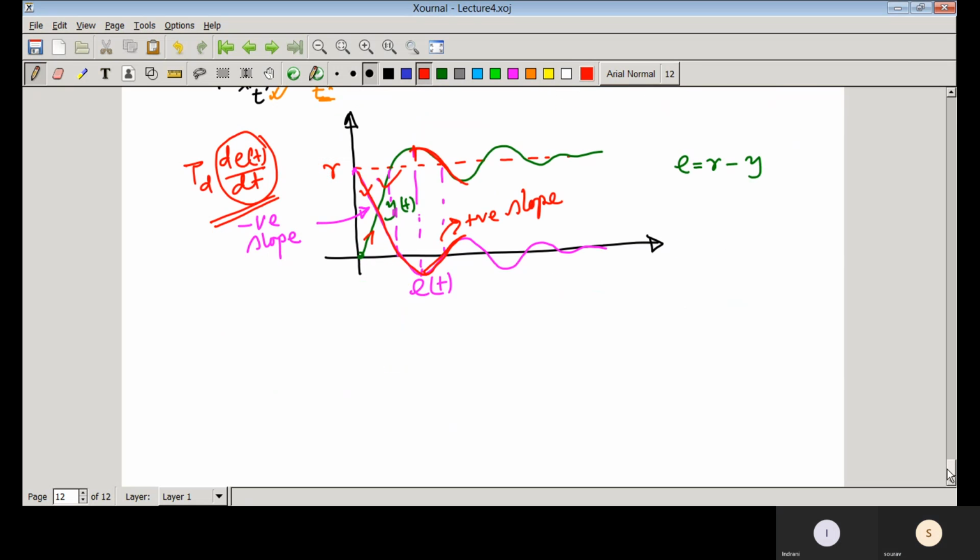In industry and everywhere, what we do is use PID control, that means proportional, integral and derivative. So let me draw the diagram here.